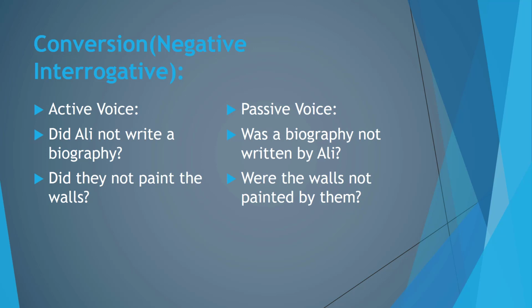The next example is, did they not paint the walls? Were the walls not painted by them? The difference between interrogative and negative interrogative is that we simply add not after the object. Rest of the structure remains the same.